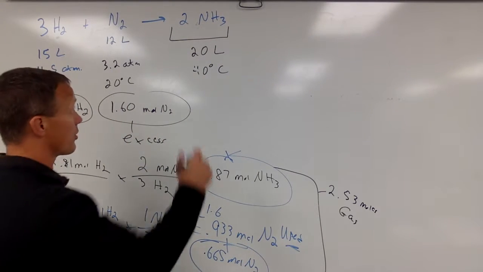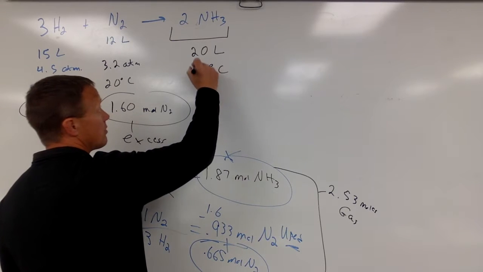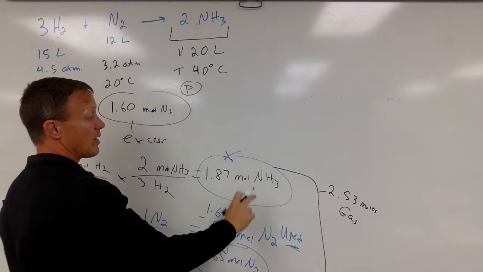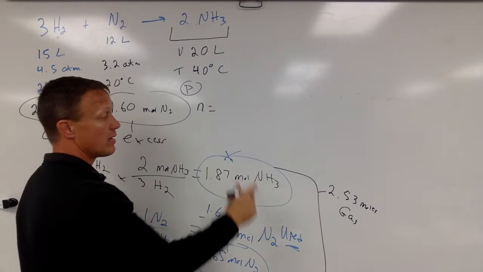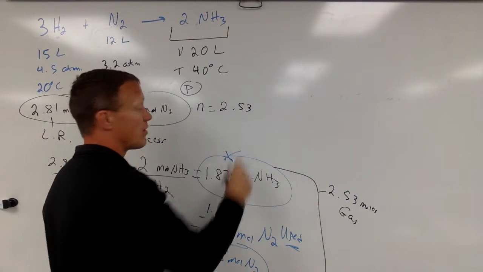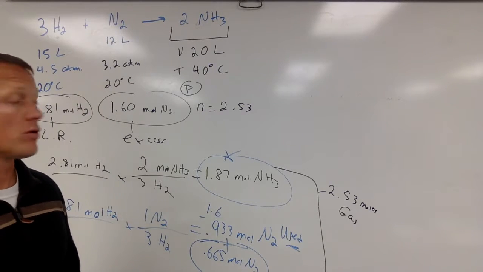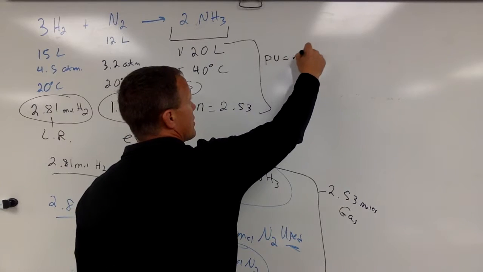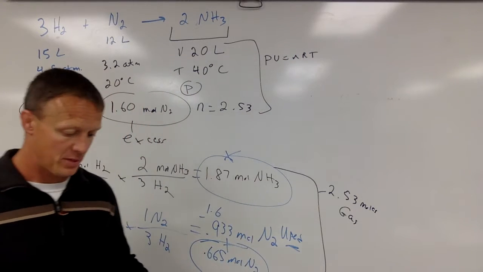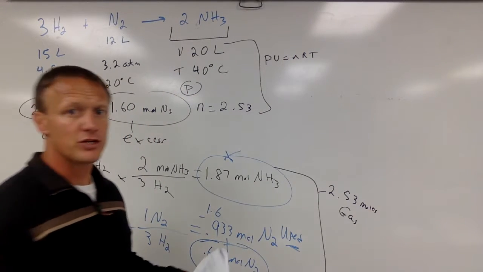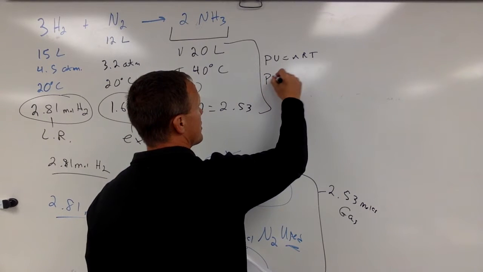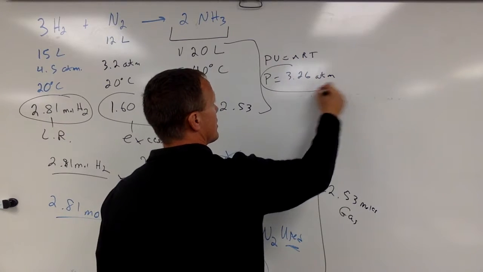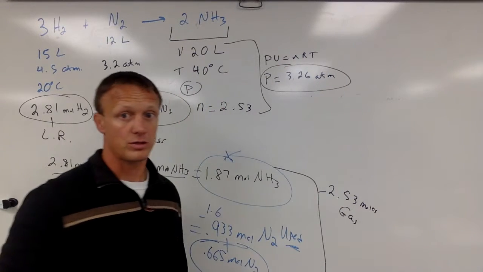So to get the total pressure, well, we have V, we have T, we're trying to find P, and we know n would be 2.53. The pressure is being caused by those gases. So plugging this into PV equals nRT and solving for pressure, I get a pressure of 3.26 atmospheres. That would be the total pressure.